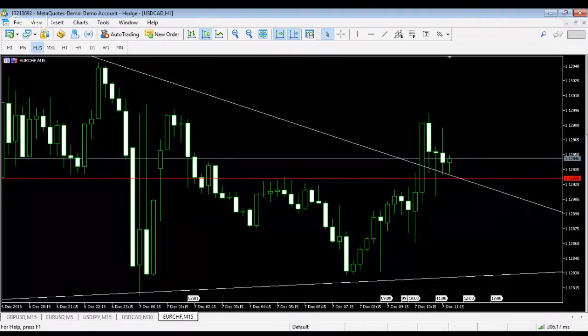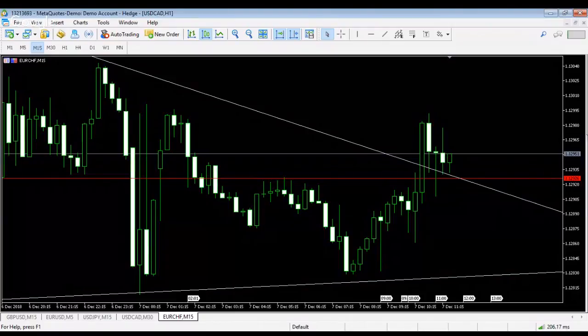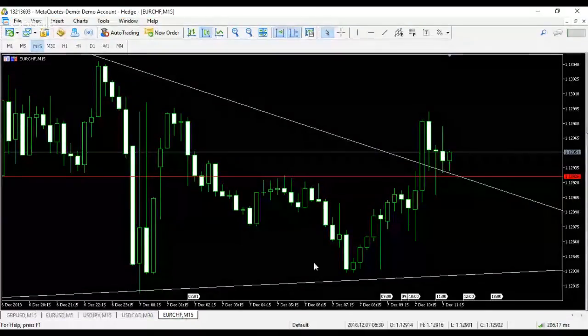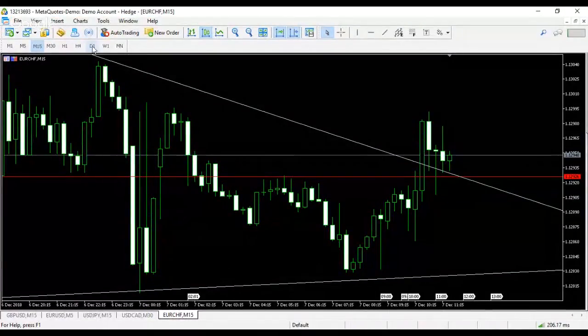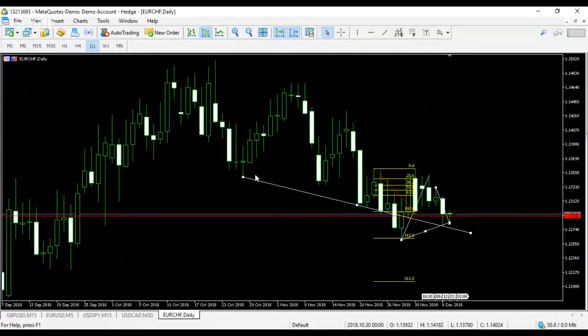So it's a very beautiful pair, guys. What I'm going to do right now is zoom in a little bit more so that my viewers can see how long this trade is, and maybe we can calculate the pips.